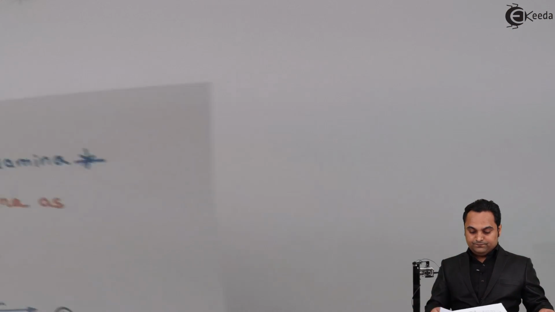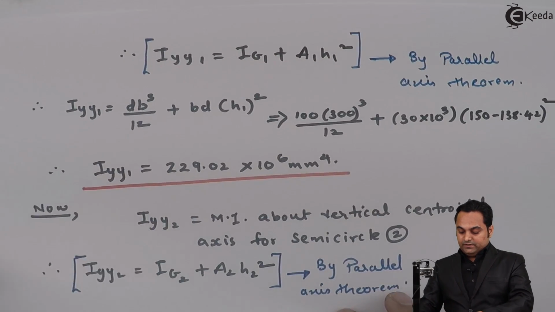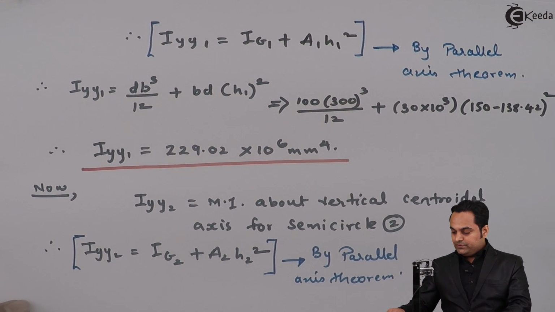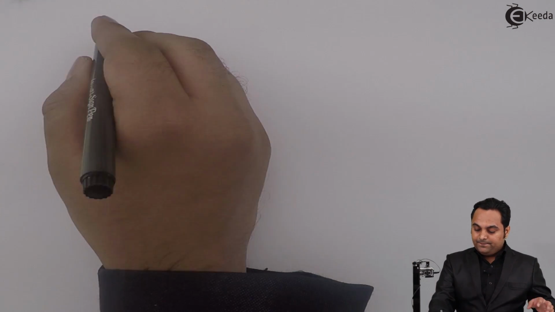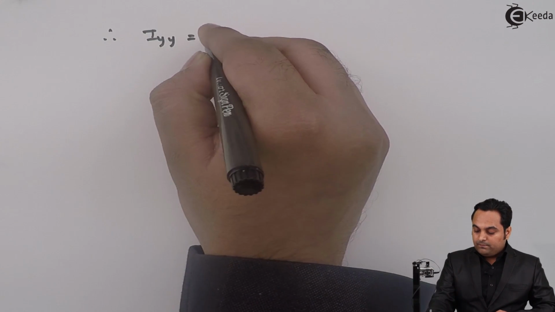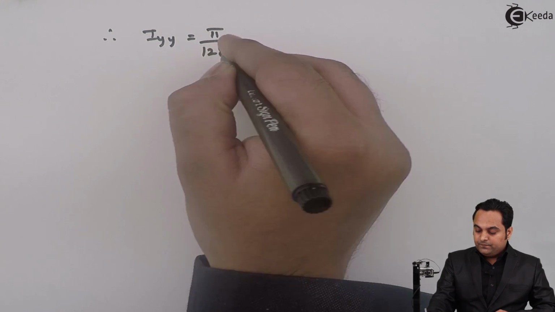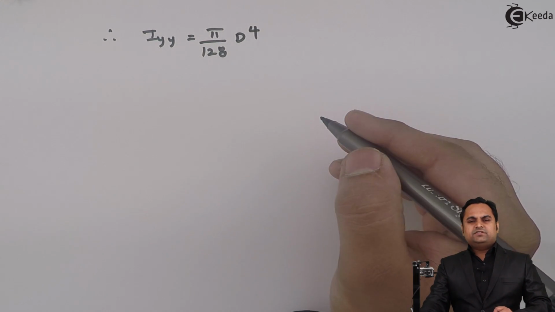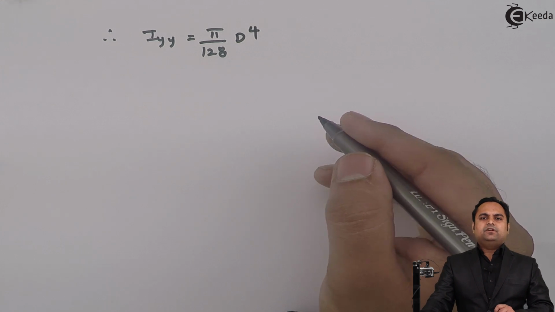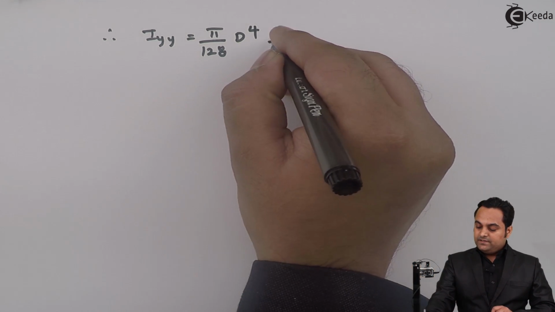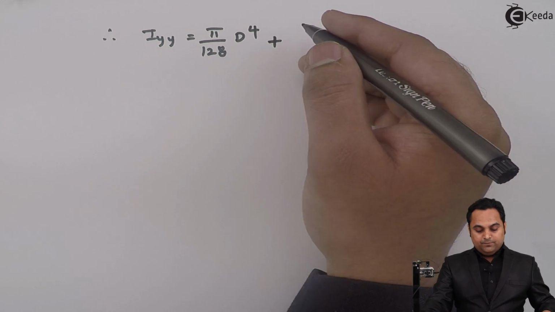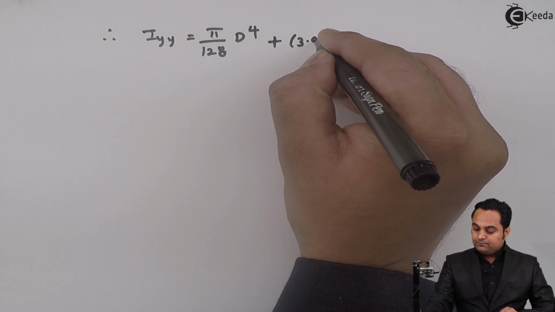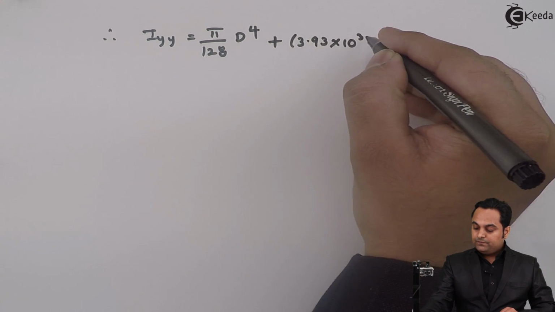So here I'll put the values. Therefore, as we have written, it is Ig2 plus area 2 into h2 square. Ig2 means the MI for the semicircle about its y-axis, and that is given by pi by 128 into diameter raised to 4. This is the formula of moment of inertia for a semicircle about the y-axis, plus area, it was 3.93 into 10 raised to 3.